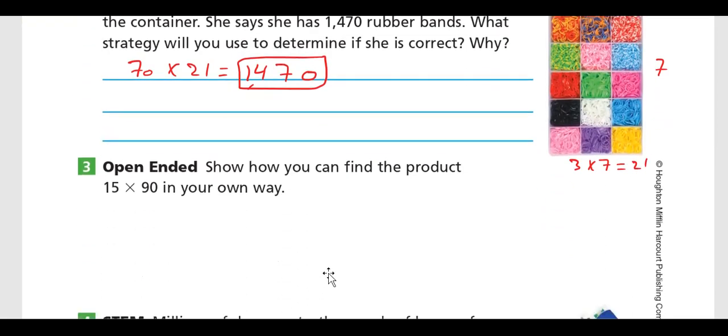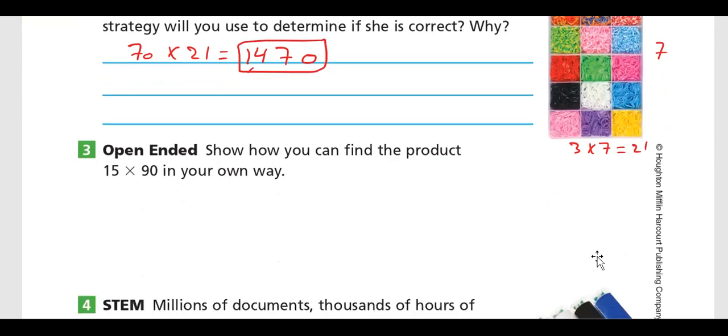Open-ended, show how you can find the product. We have more ways for that. So one way, as we see, 15 times 90. We can expand 15 like 10 plus 5, times 90. So this is equal to 10 times 90 plus 5 times 90 also.